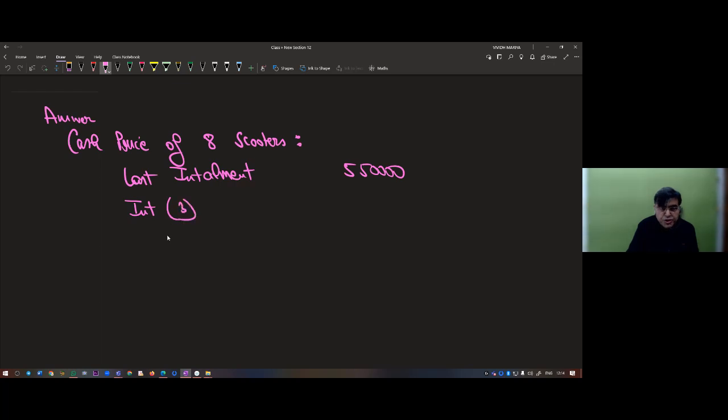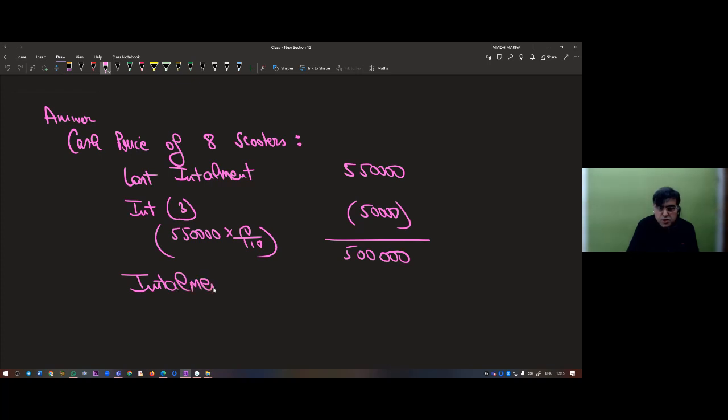Interest 3 is equal to 550 into 10 upon 110, which is 50,000. Now this is 5 lakhs. This is installment 3.